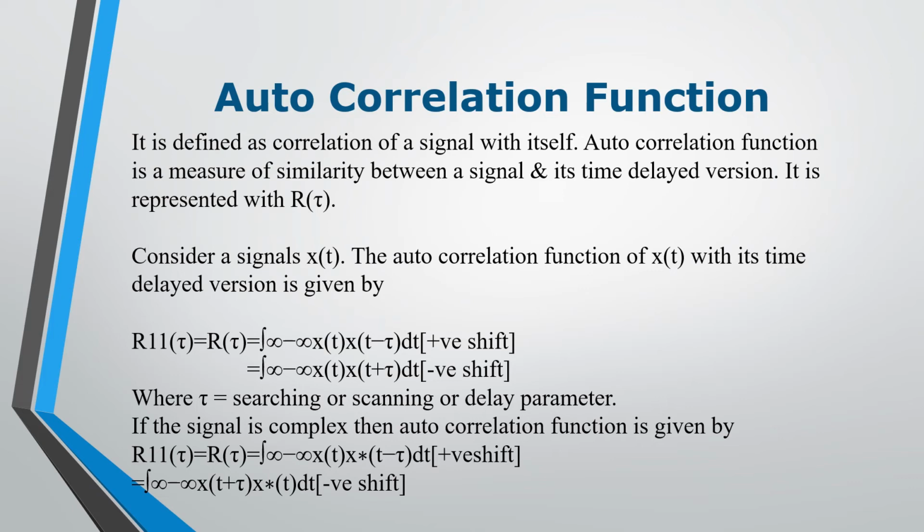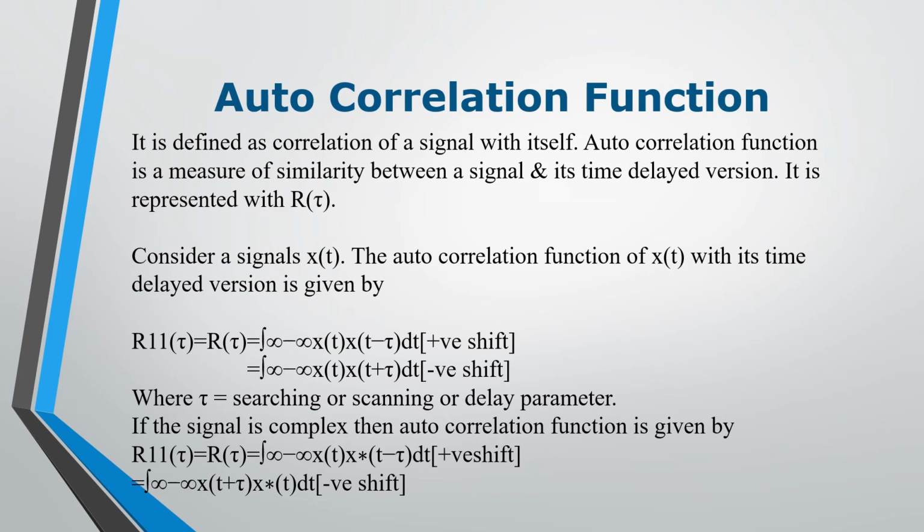Consider a signal x(t). The autocorrelation function of x(t) with its time delayed version is given by R(tau) equal to the integral from minus infinity to infinity of x(t) times x(t minus tau) dt for positive shift, and the integral from minus infinity to infinity of x(t) times x(t plus tau) for negative shift, where tau is the searching or scanning or delay parameter.